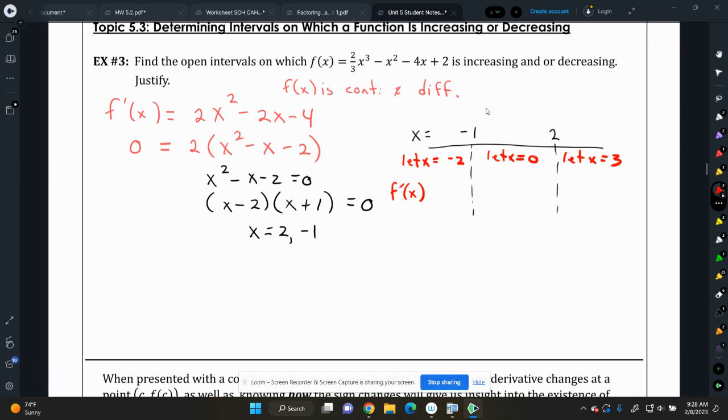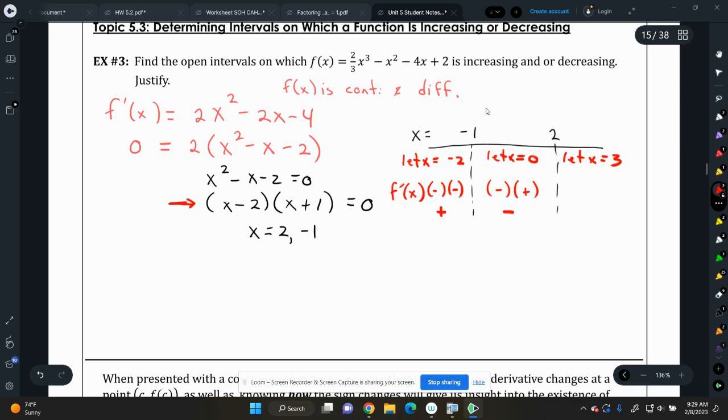Okay. So I like to look at it in the factored form. It's just easier, right? So if it's -2, I'm going to get a negative times a negative, which is positive. When x equals 0, I'm going to get a negative times a positive, which is negative.